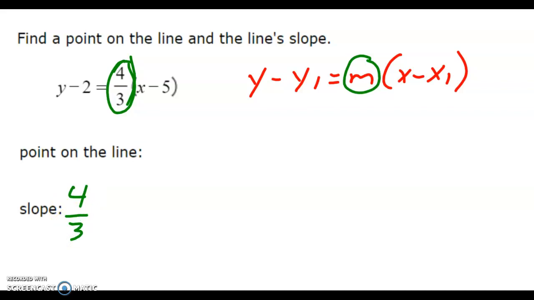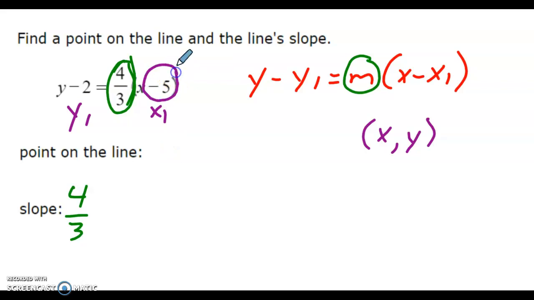Now the point, again, two easy mistakes to make. First of all, make sure that you're putting them in the right order. So the y1 comes first in the equation, but in an ordered pair, you're putting x first, then y. Okay, so we've got your x value in here as x minus 5.